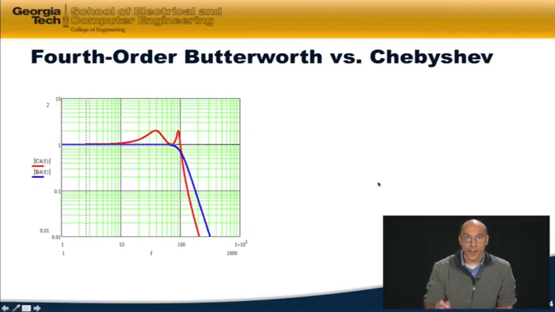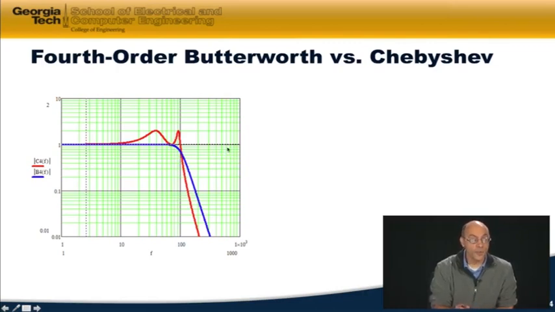Let's contrast the behavior of a fourth-order Butterworth transfer function with that of a fourth-order Chebyshev transfer function. The Butterworth filter in blue, you can see that the transition between the pass band and the stop band is not as steep as it is for the Chebyshev, but the Butterworth transfer function has no ripple in the pass band. You get this steepness in the transition for the Chebyshev at the expense of this ripple in the pass band.